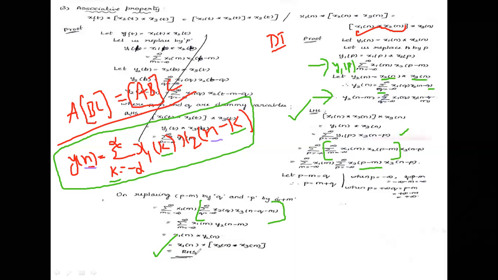Now what is the RHS? x3 and x2 with x1. Okay, some little bit of confusion. Write it down two or three times, my dear students, then you can understand. Don't go into the integral value; you only have to go for the discrete functions to prove the associative property.